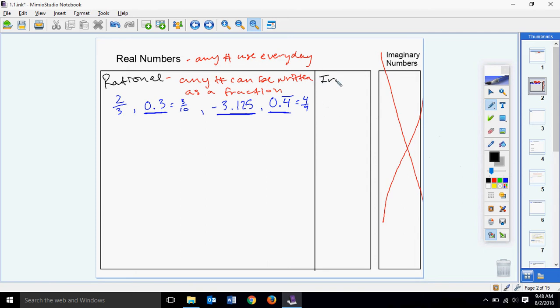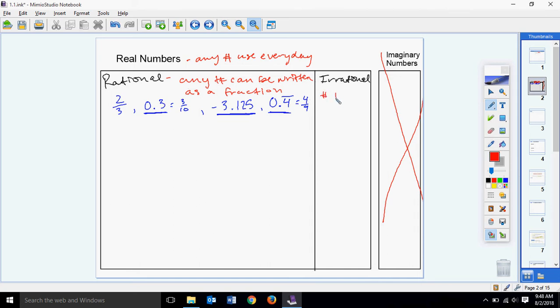Those numbers are called irrational. Now remember, these 2 categories, rational and irrational, they're still a part of the real numbers. Okay, they're both real numbers. They're just 2 different categories. So some examples of irrational numbers, first let's define it.